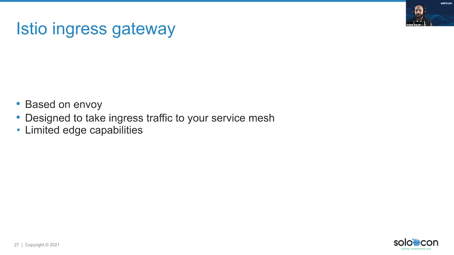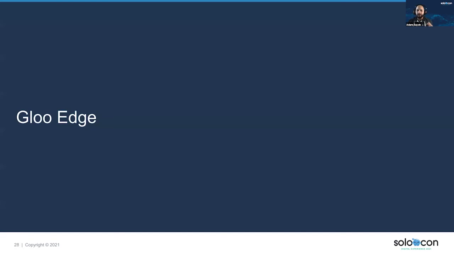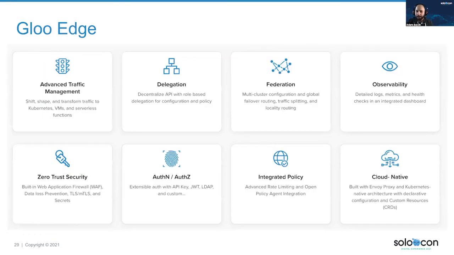Now, let's see how that compares with Gloo Edge. Gloo Edge is designed for edge traffic, where you'll have advanced traffic management. You'll also have delegation, in the sense that you have different teams managing your APIs and you want to delegate only a part of the API to each team.